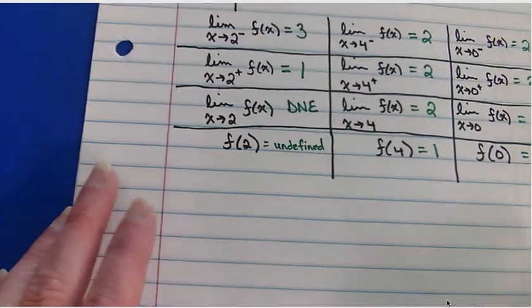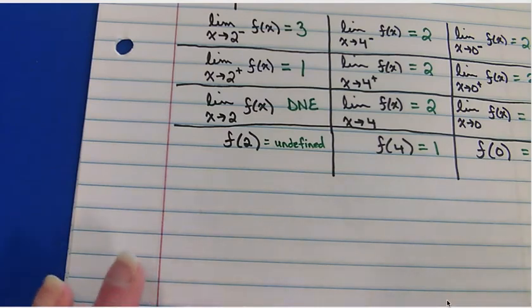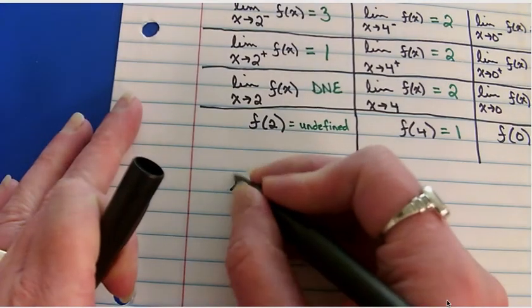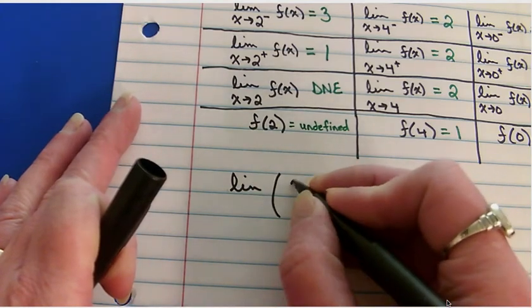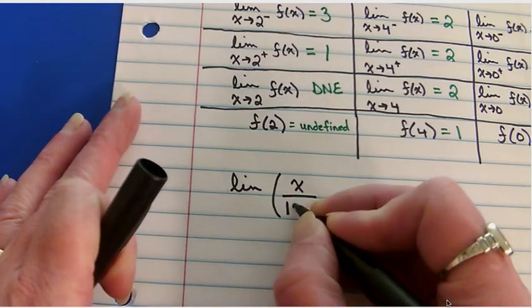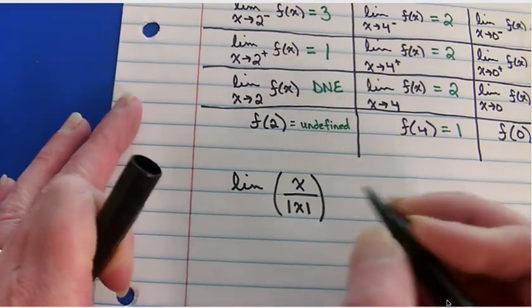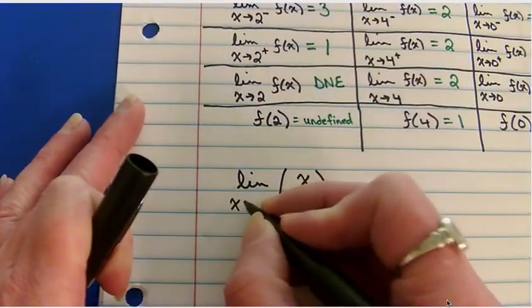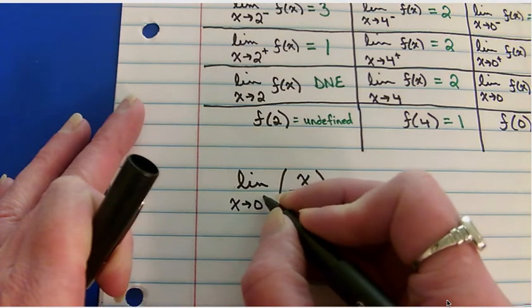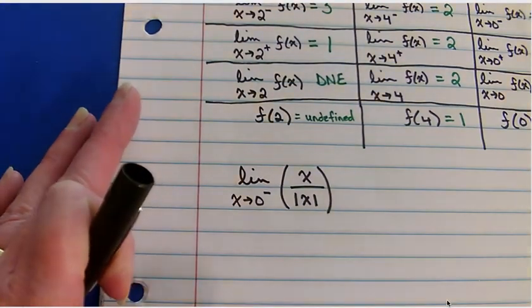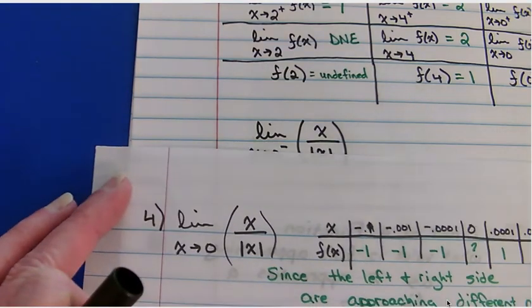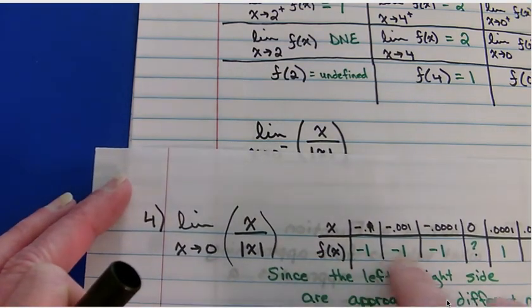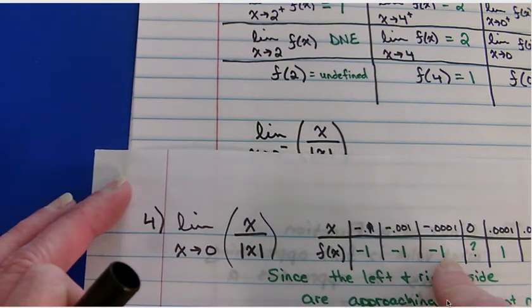So I'm going to go back to one we had done last time, and that was the limit of x over absolute value of x. But I'm going to say as x approaches 0 from the left. So I'm going to pull back up my table from last time. If we were coming in from the left side, what was it approaching?